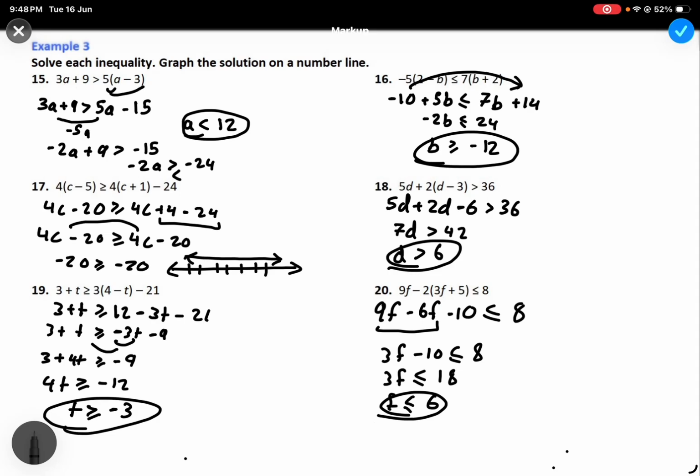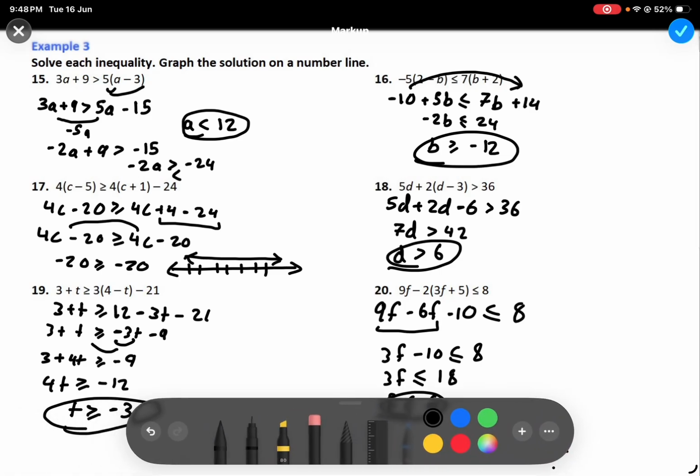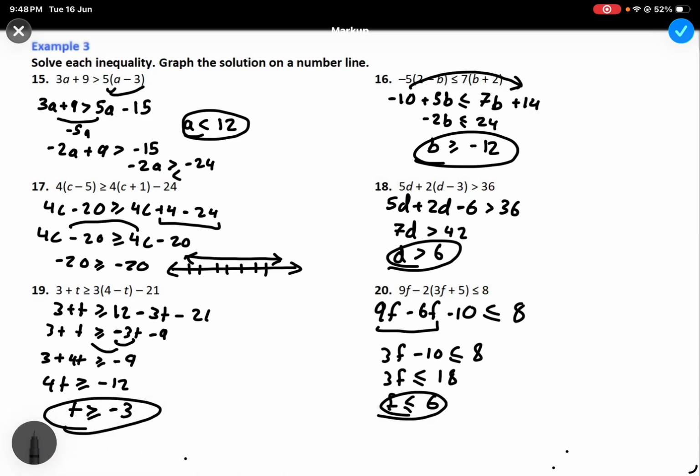On the number line, it would look like this. It starts at 6, and the circle is filled, and then it goes to the left because it's less than.